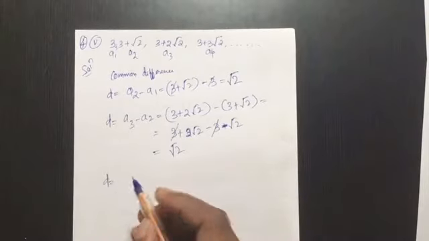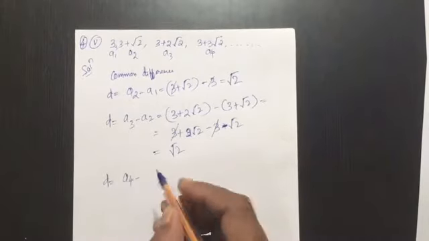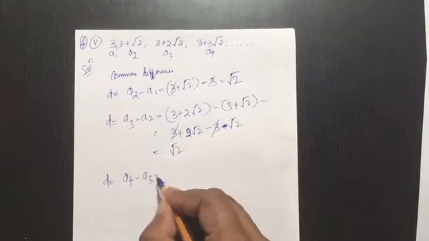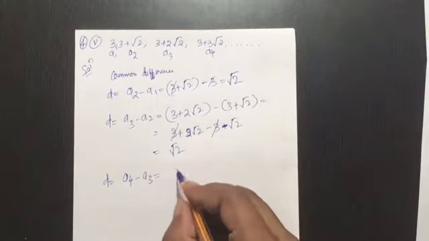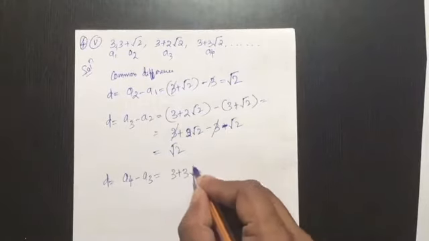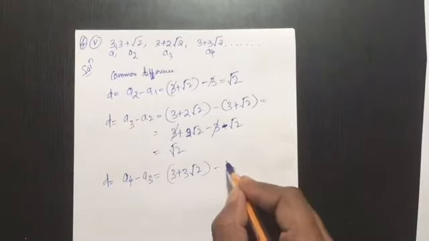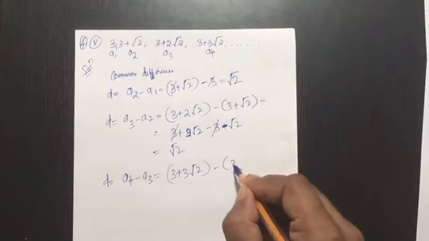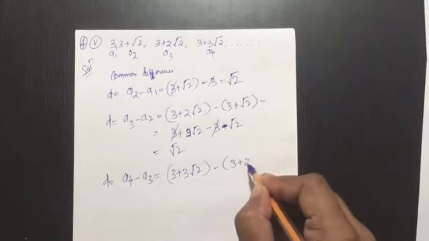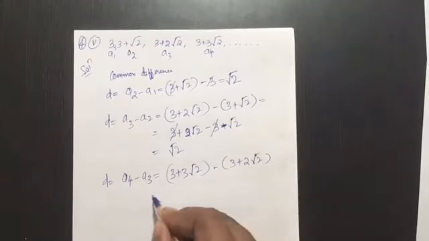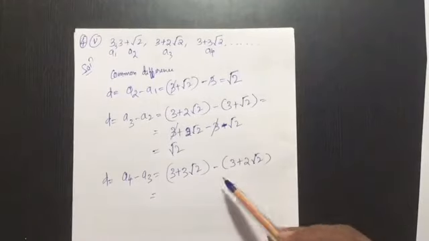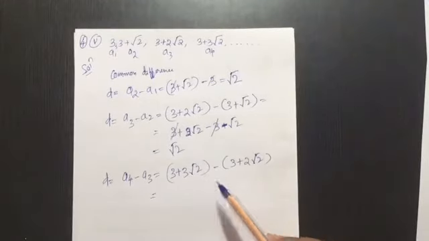Similarly, go for the next one, that is A4 minus A3. What is your A4? A4 is 3 plus 3 root 2 minus 3 plus 2 root 2. So student, I will explain once again here.